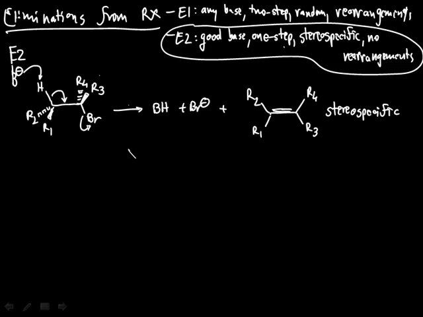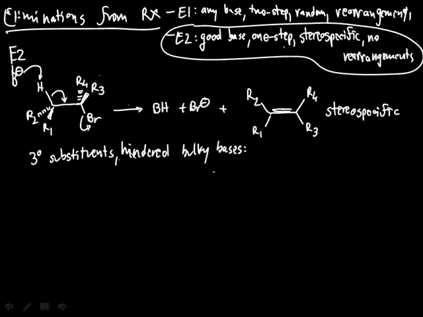Now, in order to avoid the competition with SN2, the best thing to have would be tertiary substituents, because they can still undergo E2 reaction, but SN2 reaction is virtually stopped. And if that is not possible, then the use of hindered bulky bases helps a lot.